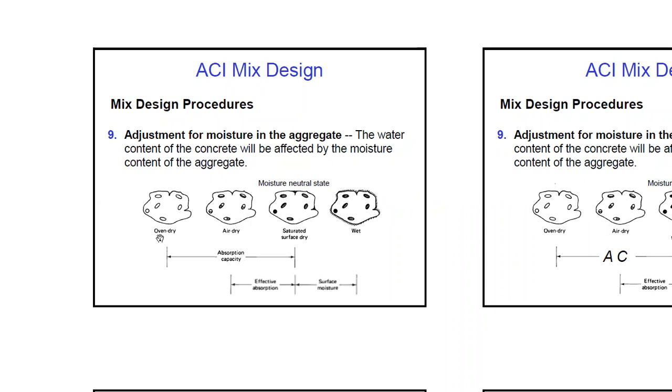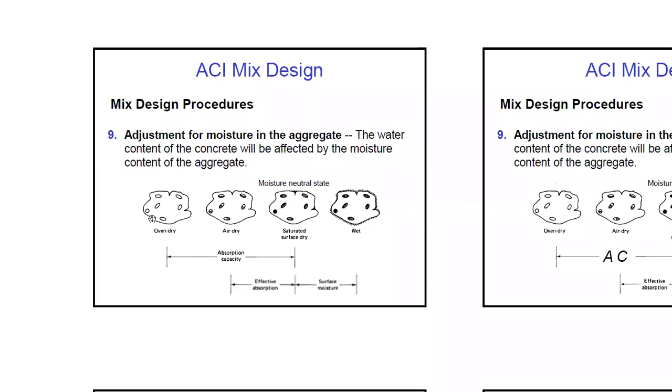The first one is oven dry, in which if there are some internal holes or some portions within the aggregates that can possibly get filled with water, those are also being dried out with the help of the oven drying method, you see.